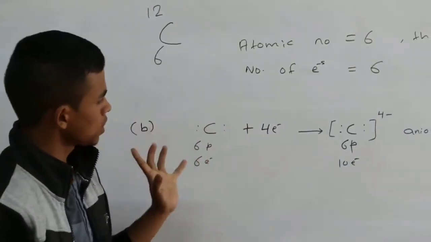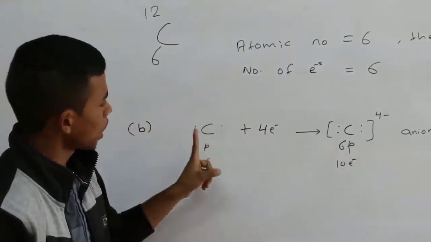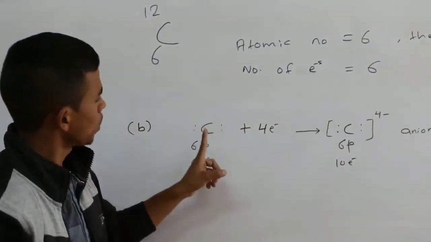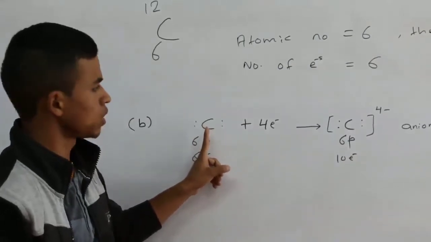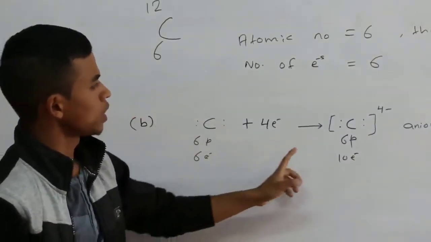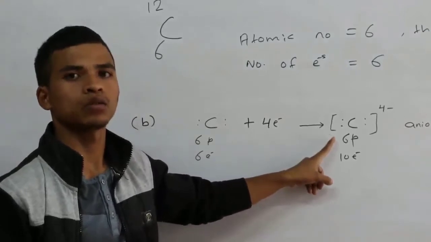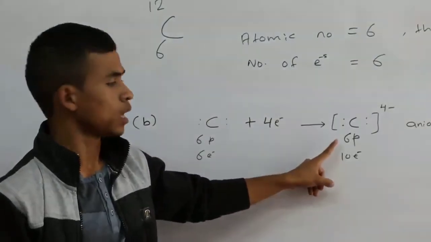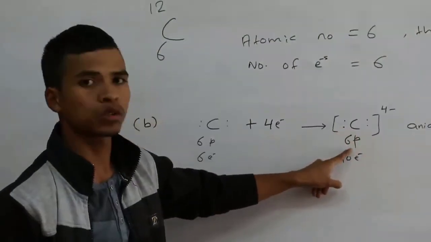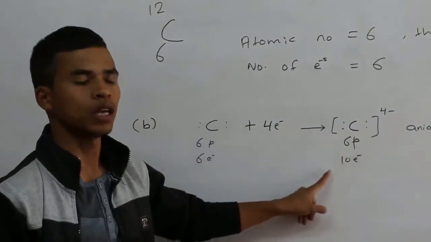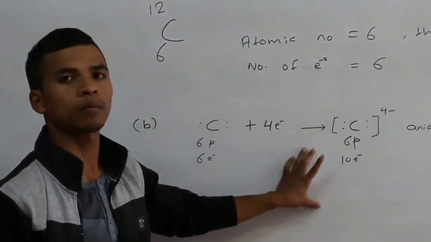They say that carbon atom has a very low electronegativity. That means it does not have the tendency to accept electrons. It is very hard for 6 protons to hold 10 electrons. That's why this case is also not practical.